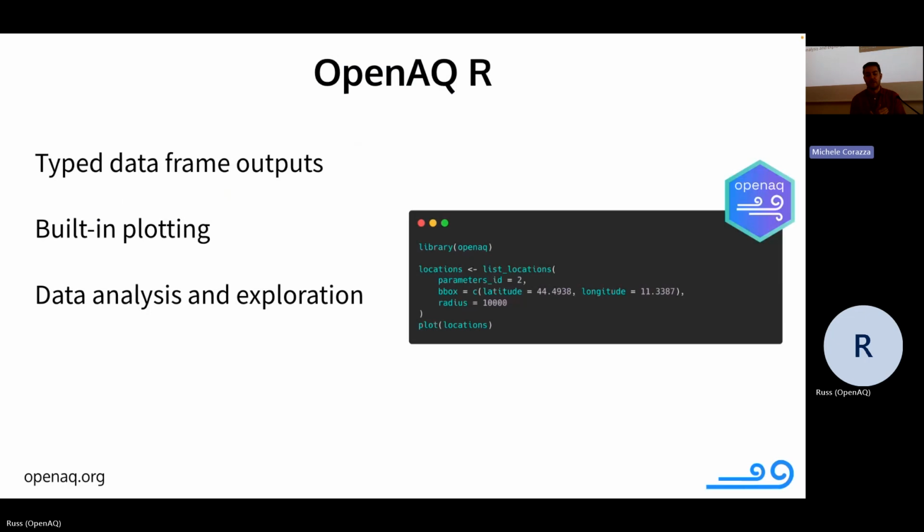Also some easy convenience methods using the base plotting library, so people can make maps or charts really easily right out of the gate. Because of that, this package is definitely mostly focused around data analysis and exploration of the data set. And so these tools are kind of the key piece here that we're trying to do, getting closer and closer to reaching our users and making these data more accessible to those that need it.